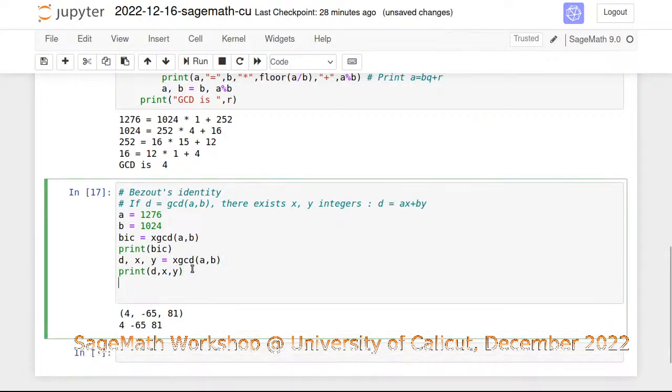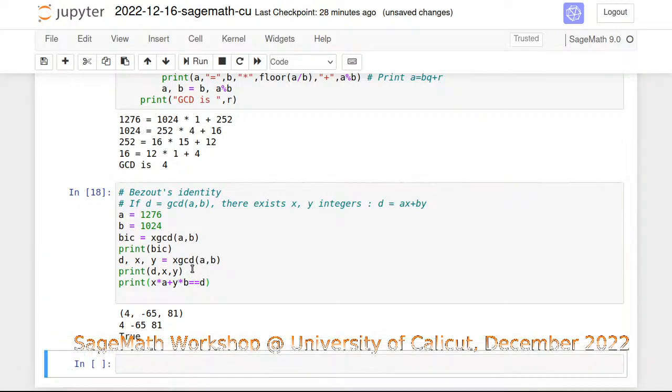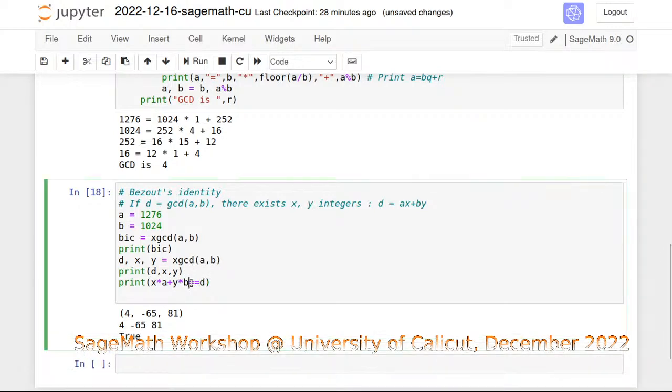Then we check: is X times A plus Y times B equal to D? The answer is True. That means AX plus BY, or A times X plus B times Y, both are the same. So this is the way to find the Bezout identity coefficients.